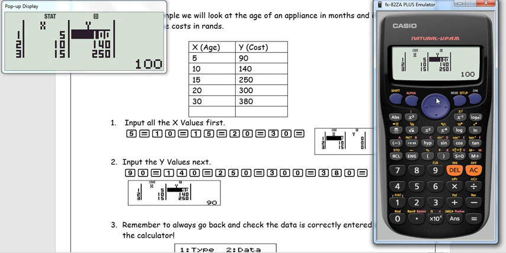So just to go over it again, I don't want 100, I want 90. So my block is highlighted, I am going to change that to 90 and press equals.